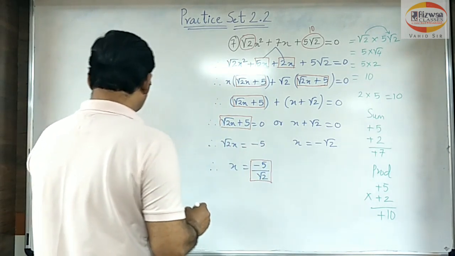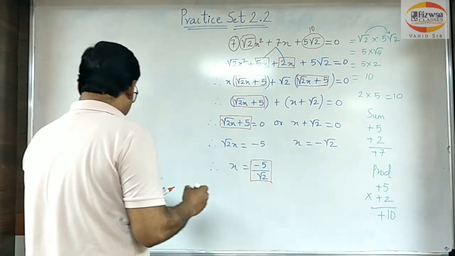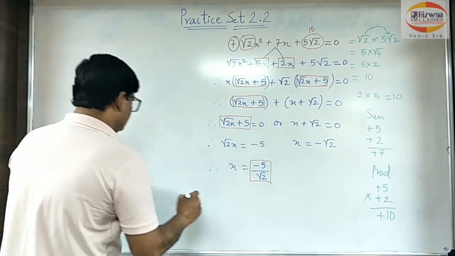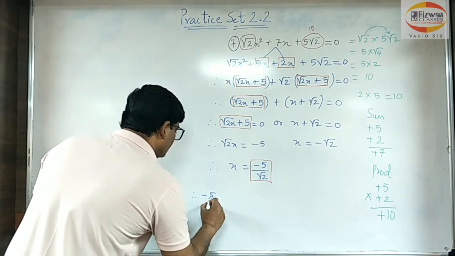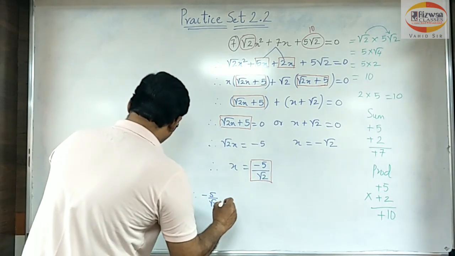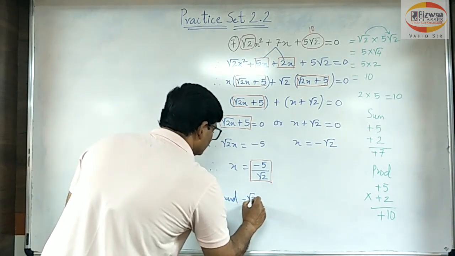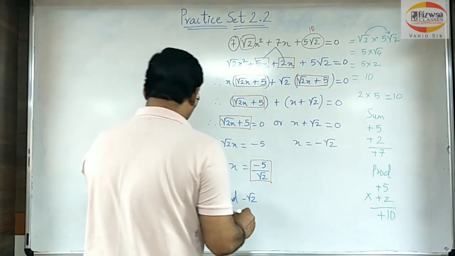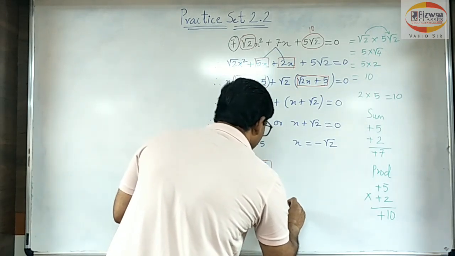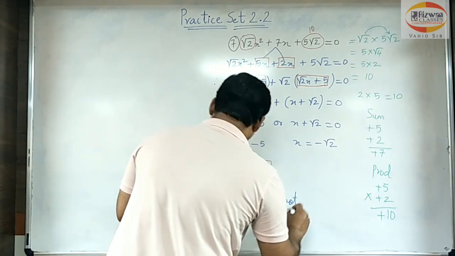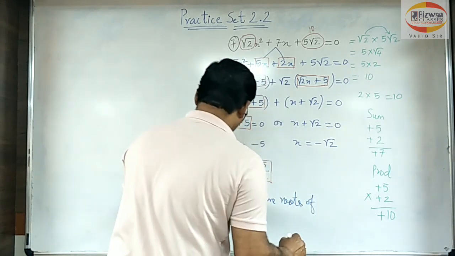And your final answer is nothing but x is minus 5 upon root 2 and minus root 2 are roots of the equation.